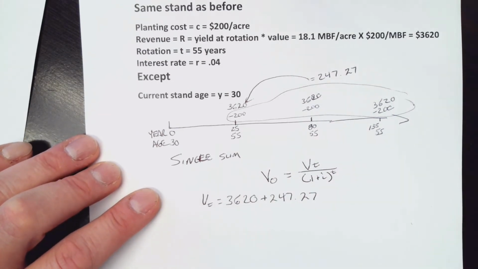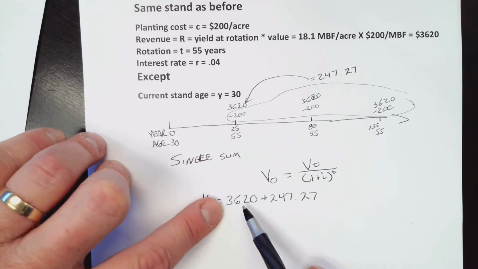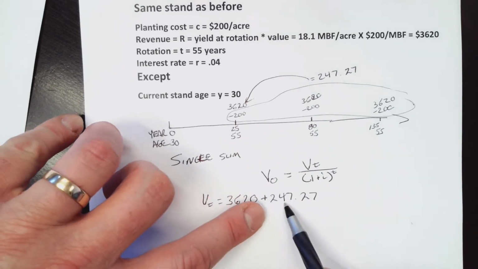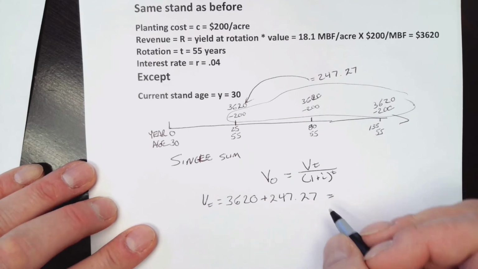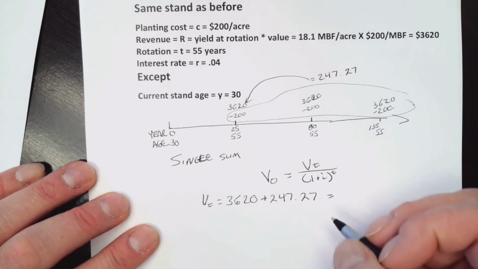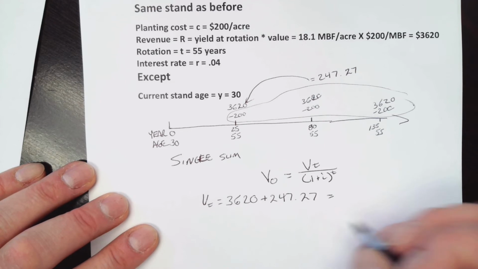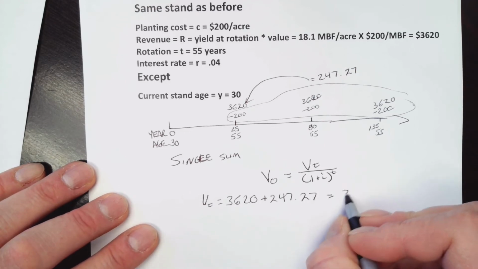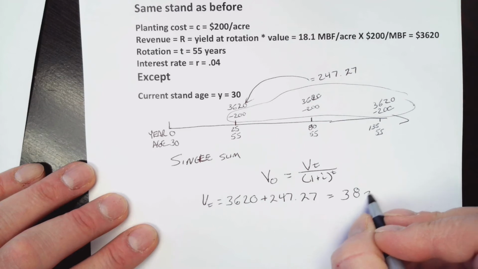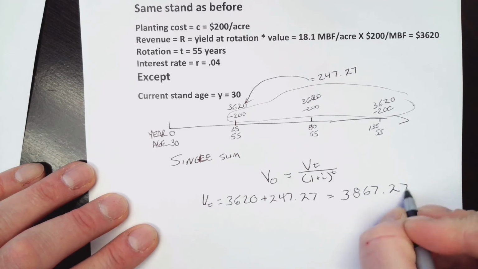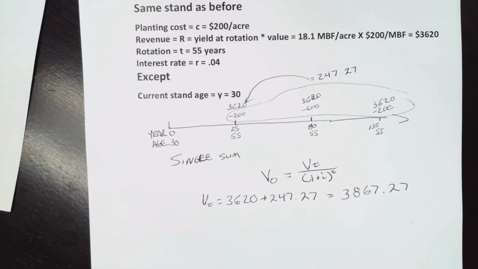That covers everything we have in the future. This would be the trees that you'd be cutting, and that's the value of bare land you have after the trees. So that is going to equal 3867.27.